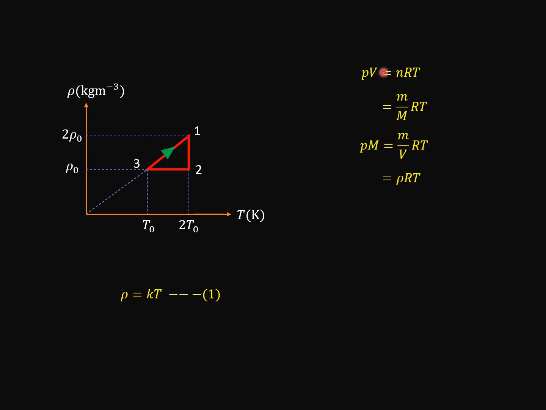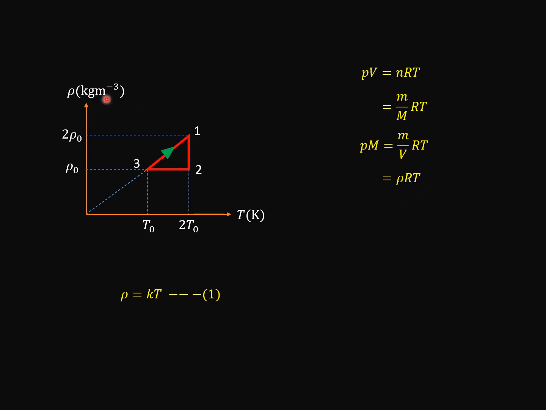Now we move the volume V from the left-hand side to the right to get m over V, and we move the molar mass to the left-hand side, so we have PM equal to m over V times RT. We take this step because we want to write m over V in terms of rho. So now we have PM equal to rho RT.